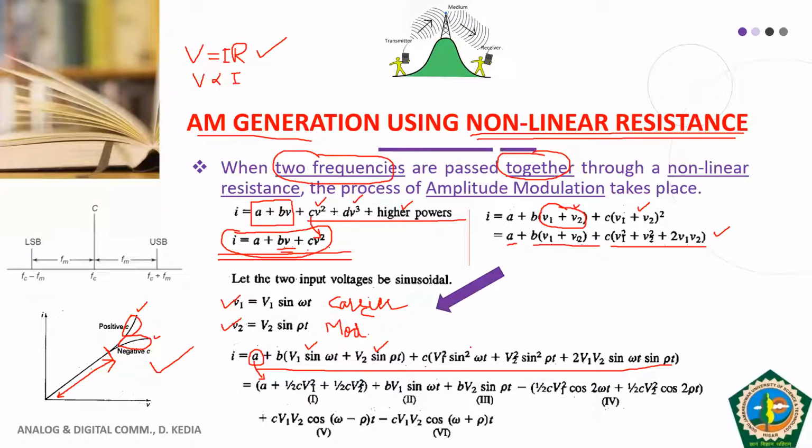This expression we have to solve here: V1 square sine square omega t. I think you are well aware of your trigonometric expressions: sine 2 theta is 2 sine theta cos theta.